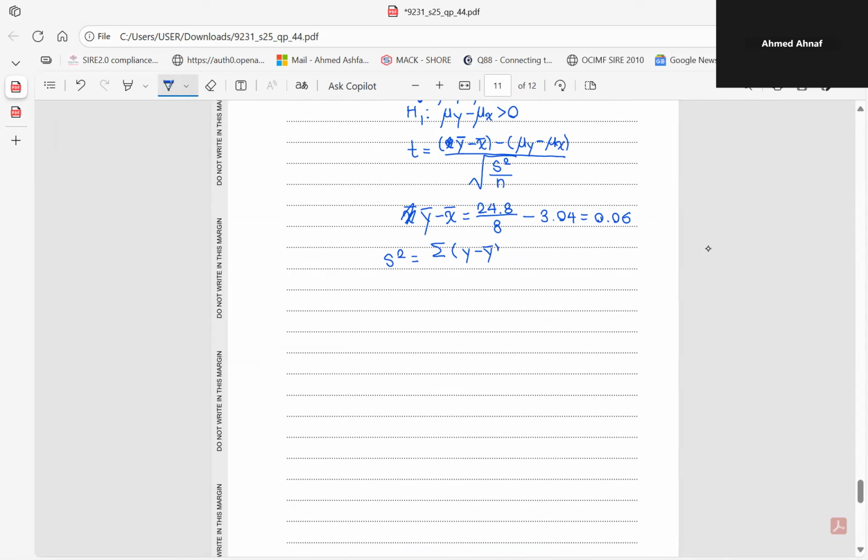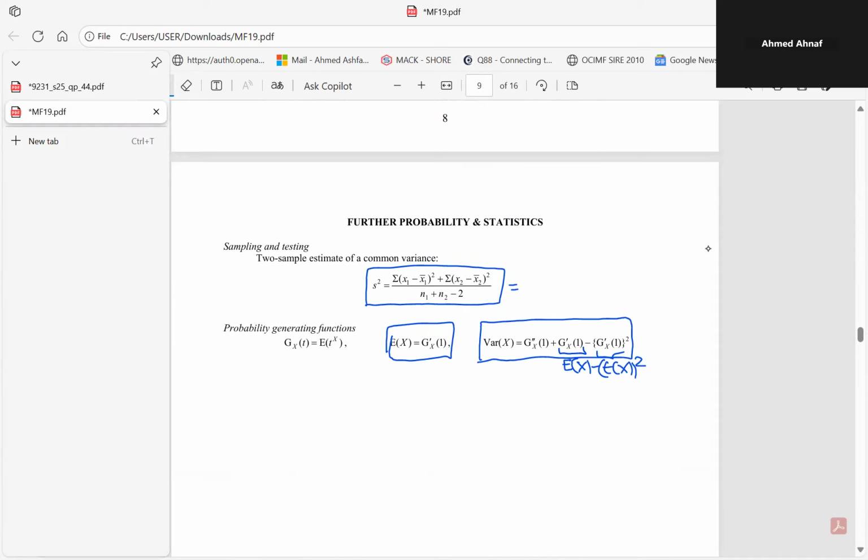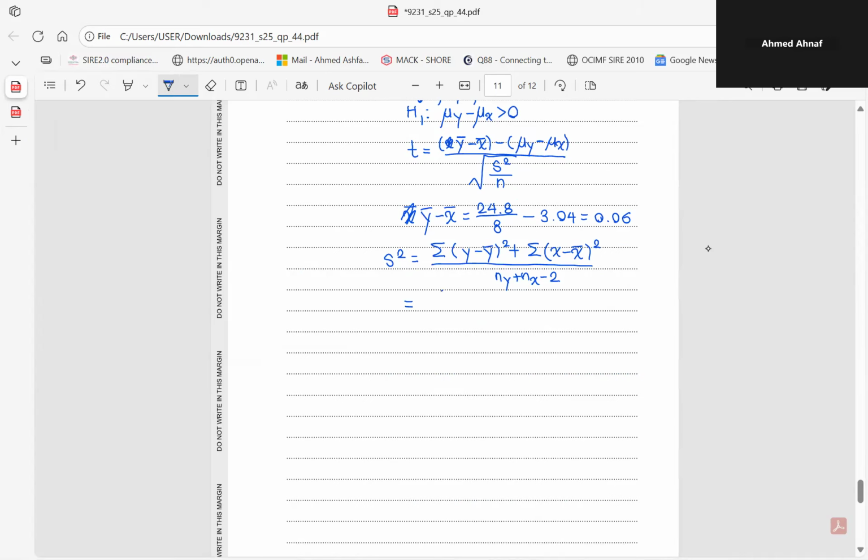So it's the sum of y minus y bar squared plus the sum of x minus x bar squared, over ny plus nx minus 2. Let's split up the fraction: the sum of y minus y bar squared over ny plus nx minus 2, plus the sum of x minus x bar squared over ny plus nx minus 2.